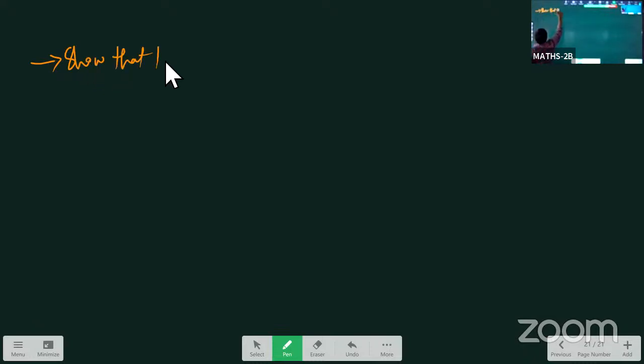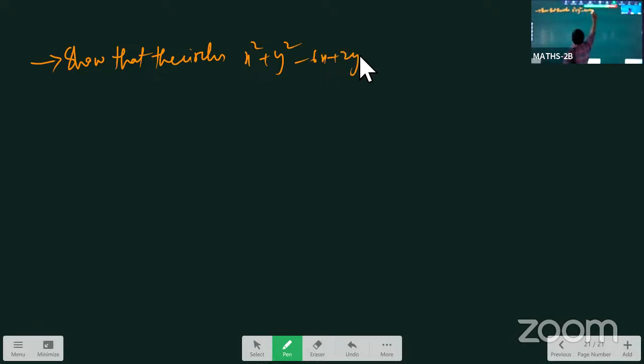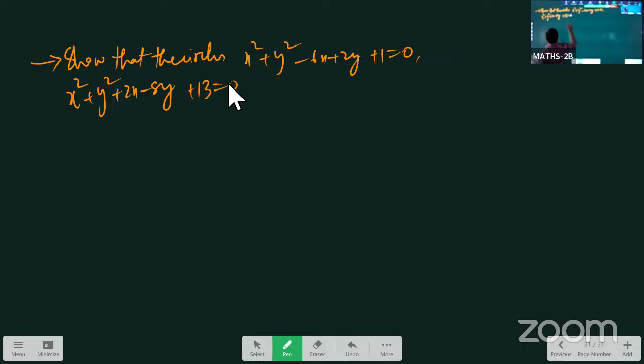Show that the circles x square plus y square minus 6x plus 2y plus 1 equal to 0, comma, x square plus y square plus 2x minus 8y touch each other.